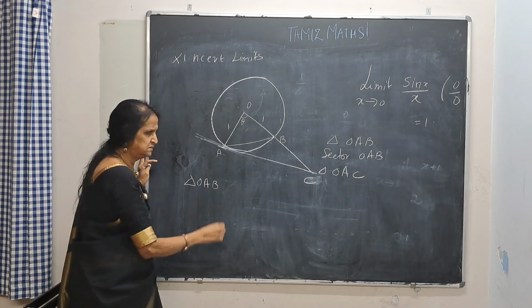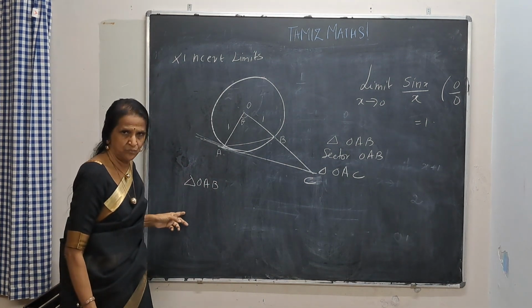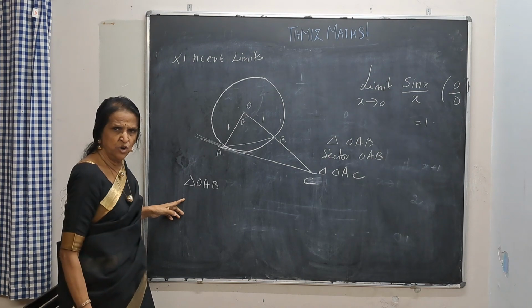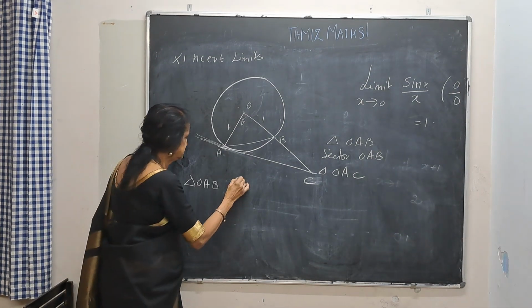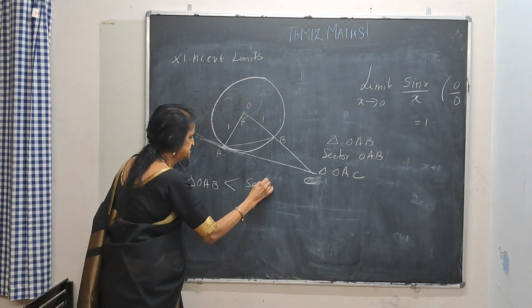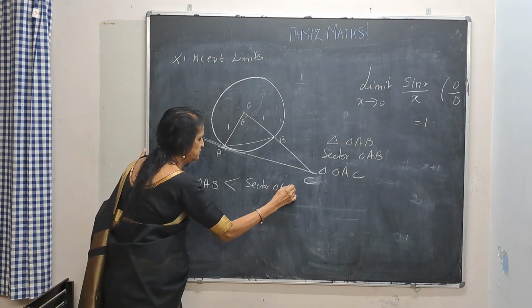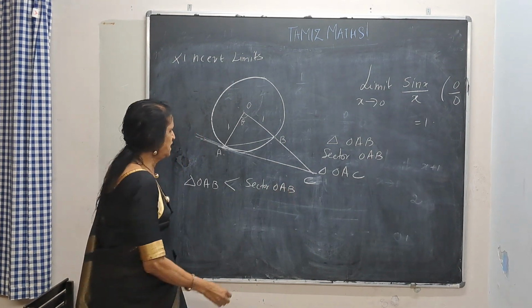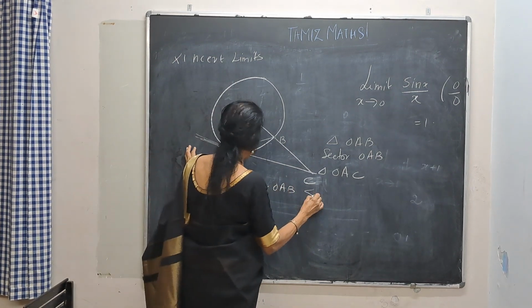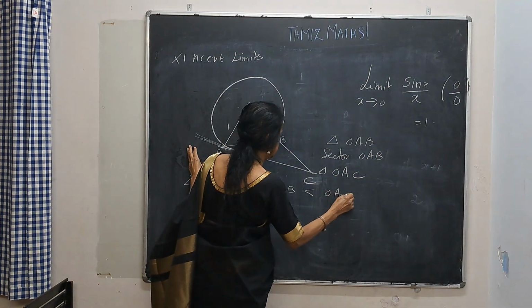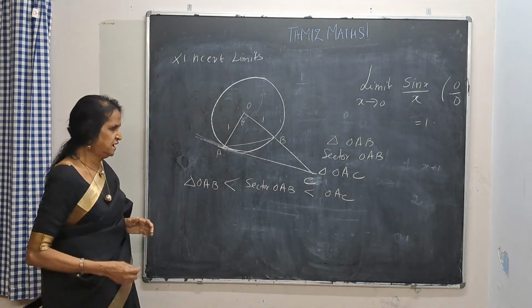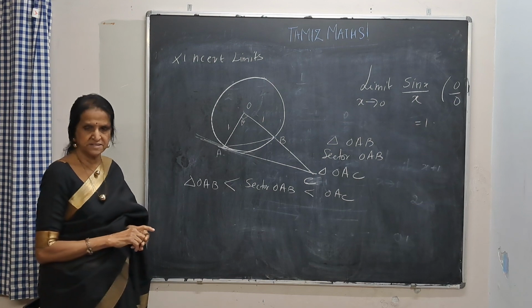The area of the triangle OAB is less than the area of sector OAB, and the sector OAB is less than the area of triangle OAC.